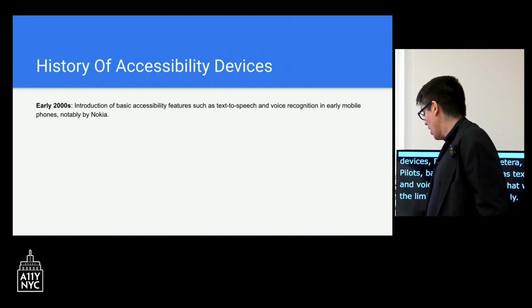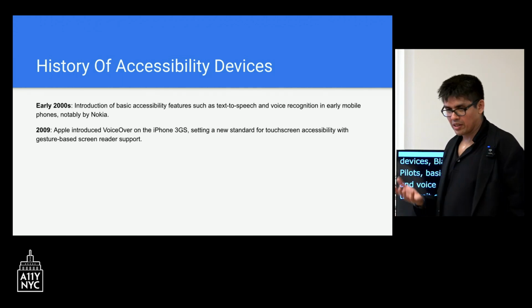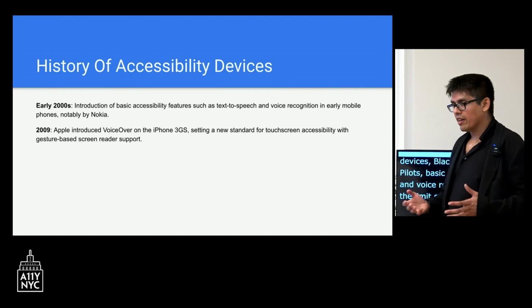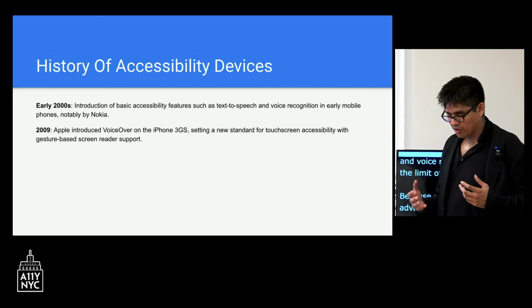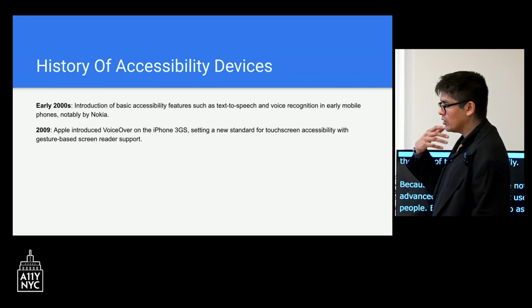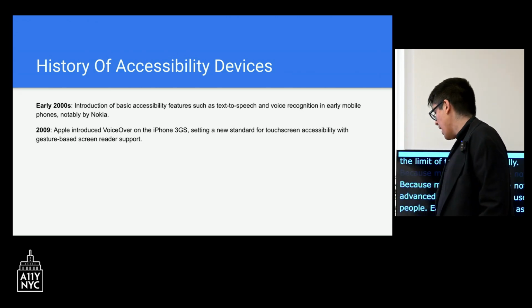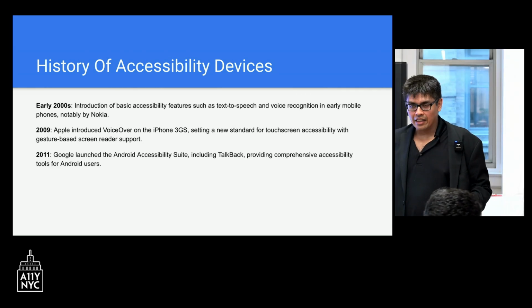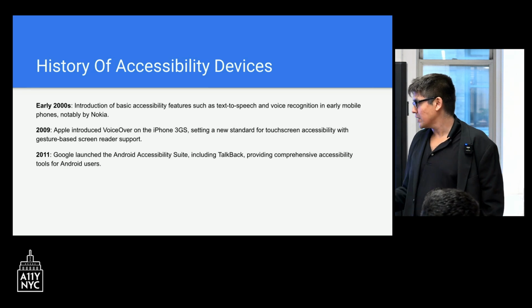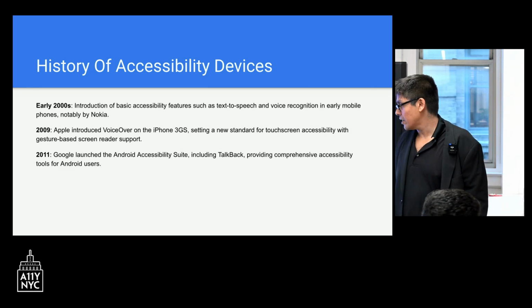As time went on, the iPhone came out in 2007. Then in 2009, they started building VoiceOver into the iPhone. So you started getting the ability to use a screen reader, touch screen accessibility and other features. Then Android followed; in 2008 came the first really usable market Android device.